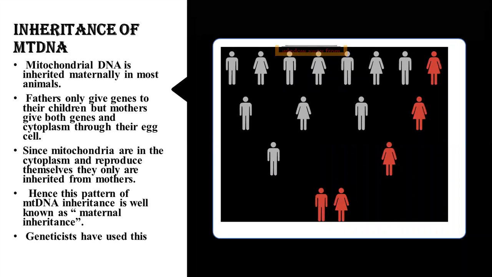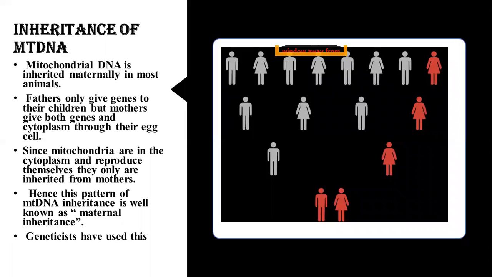On the next slide, you can see information about inheritance of mitochondrial DNA, or mtDNA. Mitochondrial DNA is inherited maternally in most animals, also humans. Fathers only give genes to their children, but mothers give both genes and the cytoplasm through the egg cell.